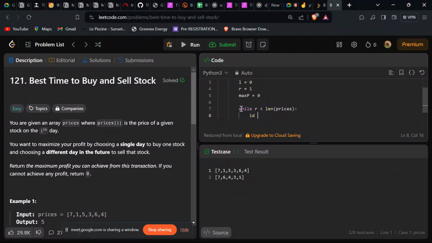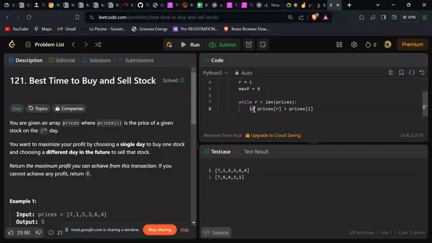We'll be able to say if the prices of right, remember we are not talking about the indices, the prices of right is greater than the prices of left. That's the only way in which you can make a profit. The prices of left can never be higher than the prices of right. It must always be that the prices of right are greater, so as to be able to make a profit.